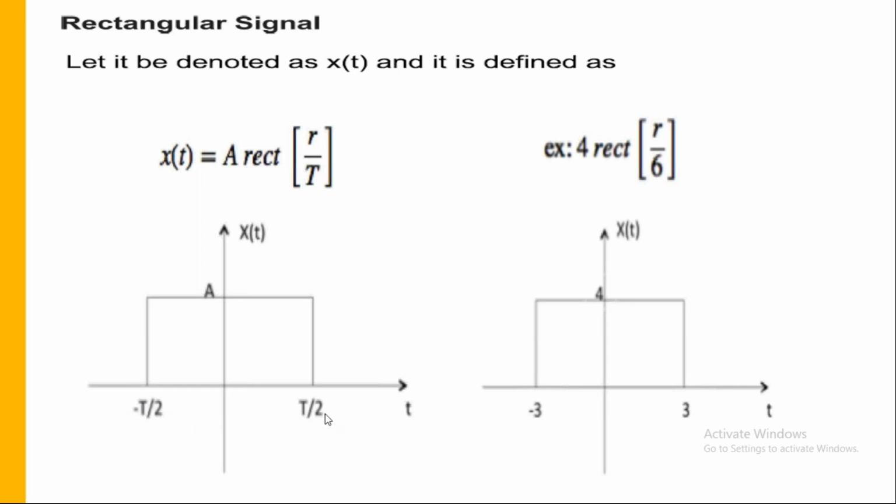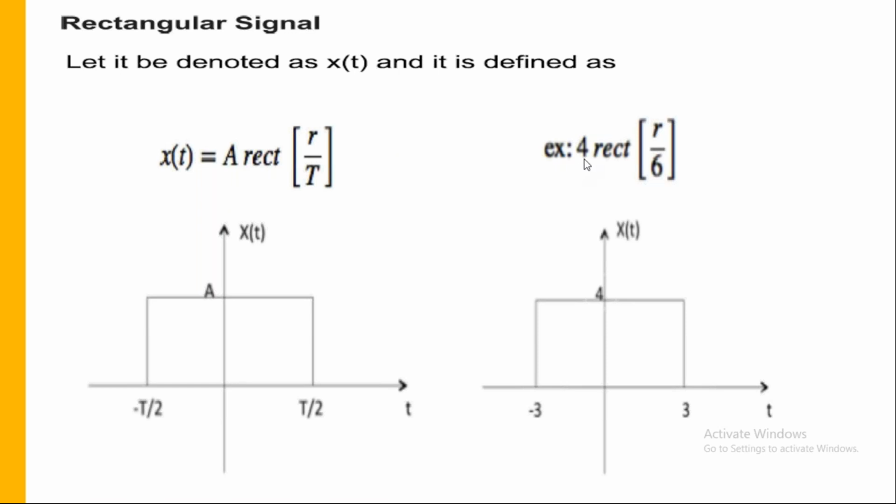The period which you can calculate is nothing but t2 minus t1. When you calculate that, the total period that you get is T. So that's how this capital T represents the period of the rectangular function, and the amplitude of this rectangular function is denoted by the variable capital A.